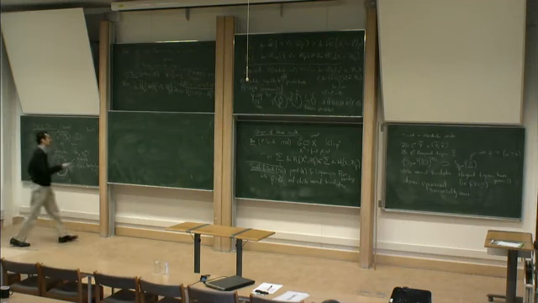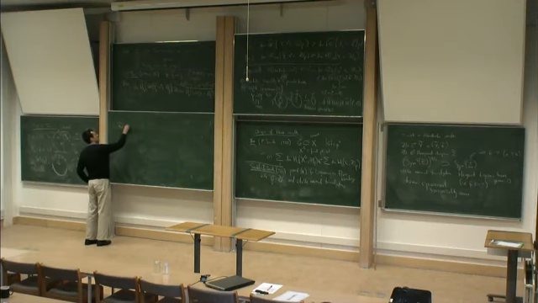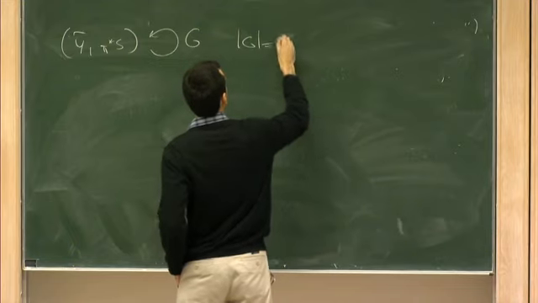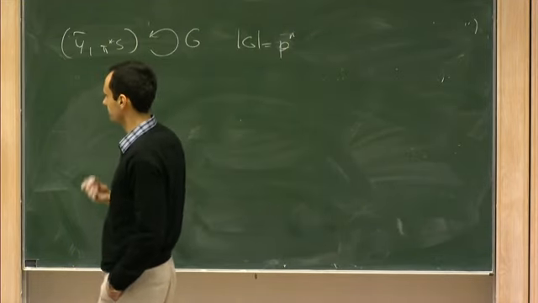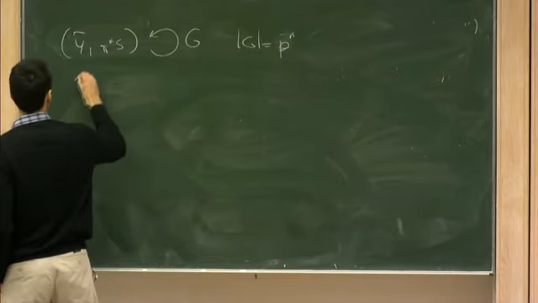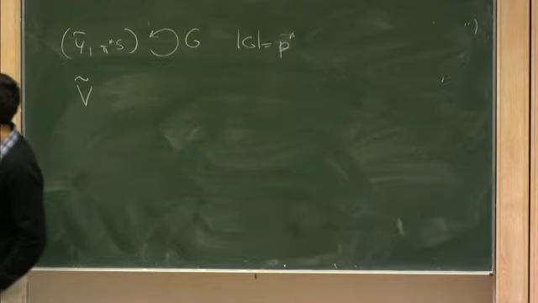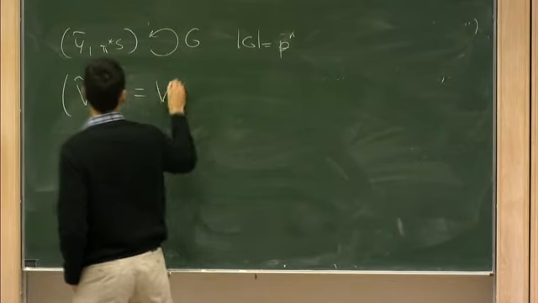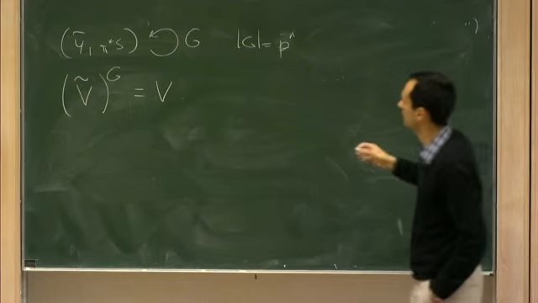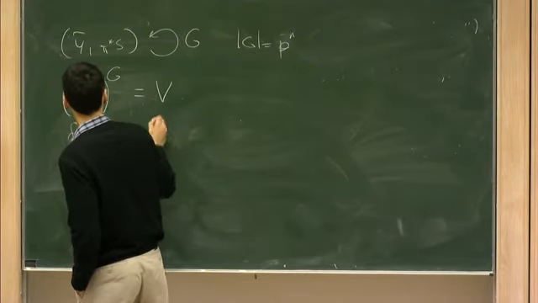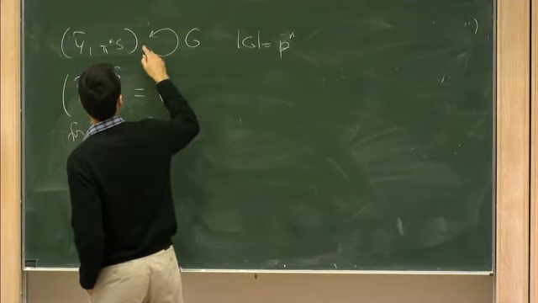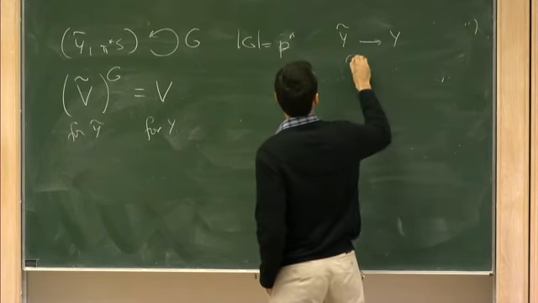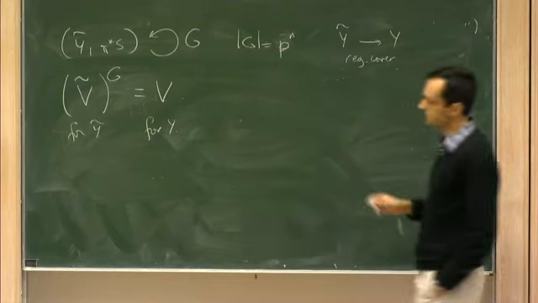So now if you want to look at covers, you have Y tilde and pi star of s, and you have a G action of order p to the n. Then what you notice is that, let's say V tilde is the space of sections on Y tilde, its fixed point set is exactly V, the space for Y. So this is for Y tilde, and this is for Y. This is where I'm using that it's a regular cover.